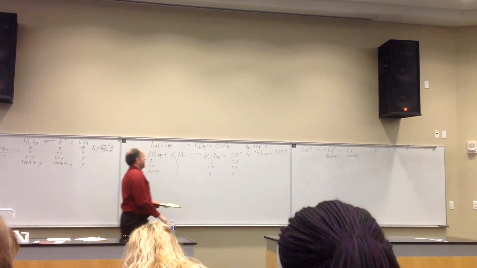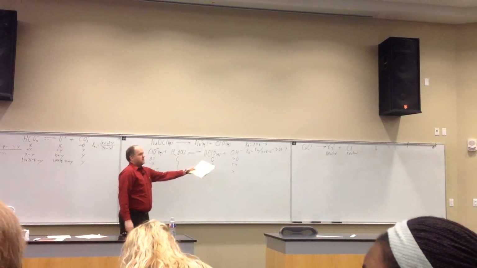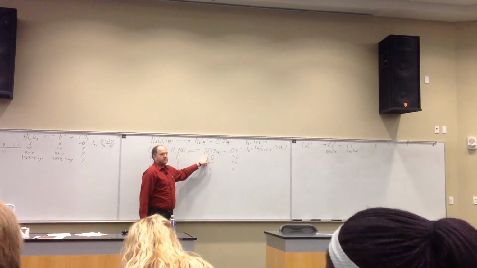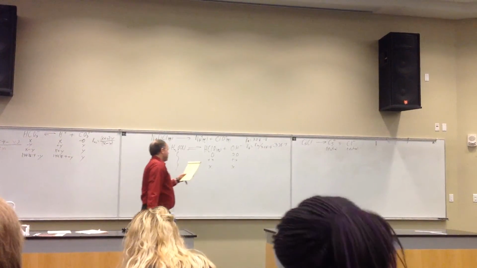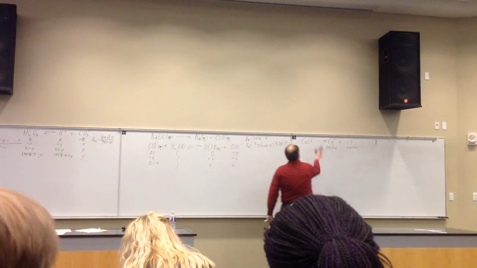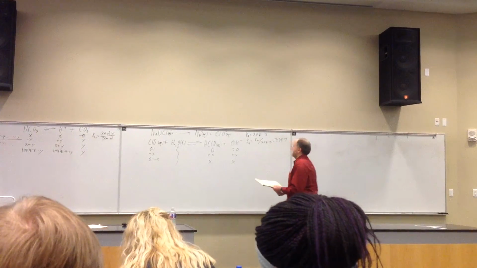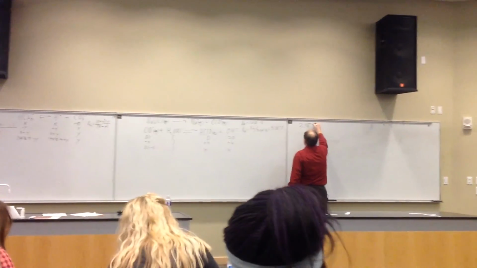This is a stronger base than the other guy is an acid. Okay. So now we plug in the equilibrium values to solve for x. We're going to have 3.3 times 10 to the minus 7 equal to x squared over 0.1 minus x.